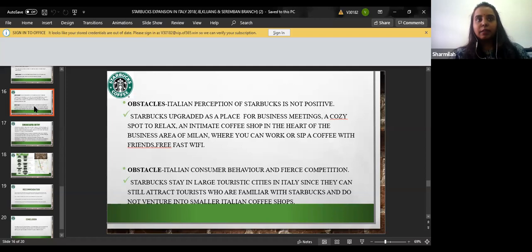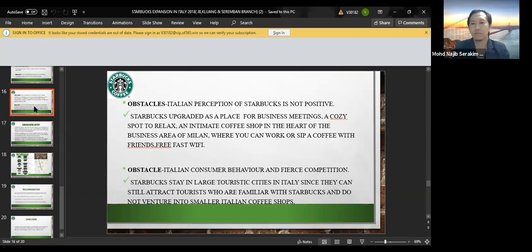Competition is the biggest obstacle in all markets, including for Starbucks. The local coffee shops in Italy are doing really well, and when Starbucks started its business in Italy, it faced this big problem of competition, where everyone goes to their normal regular shops and abandons Starbucks.